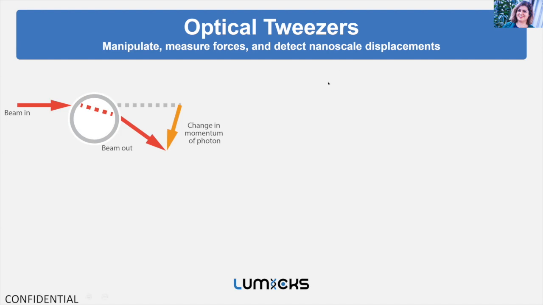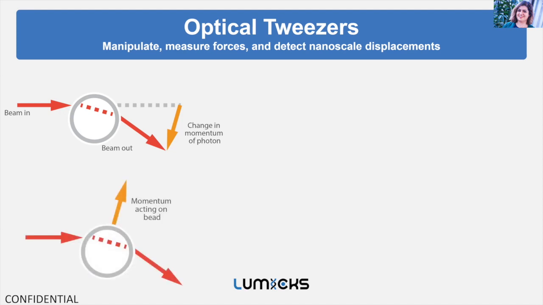So in this case, you can see, for example, there's a polystyrene bead that gets in the way of a laser beam. The beam enters and exits the bead, and having this bead in the way of the beam would change the direction of the beam, and that would cause a change in momentum of the light. But because of conservation of momentum, at the same time, the bead would feel a change in momentum as well.